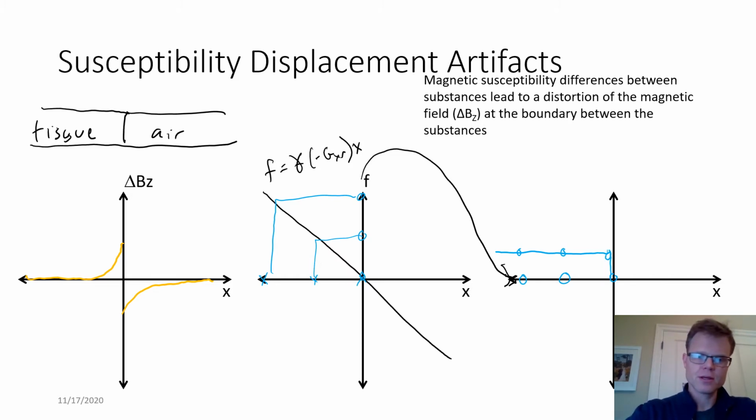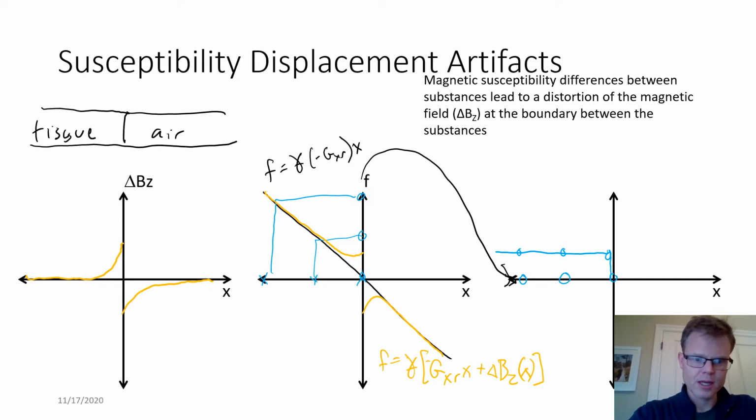magnetic field. But now we've got to look at the frequency versus position if we add this offset. And it's going to look something like this. So it's a distortion at the boundary here. Negative GXRX plus this function that's changing the magnetic field as a function of position.